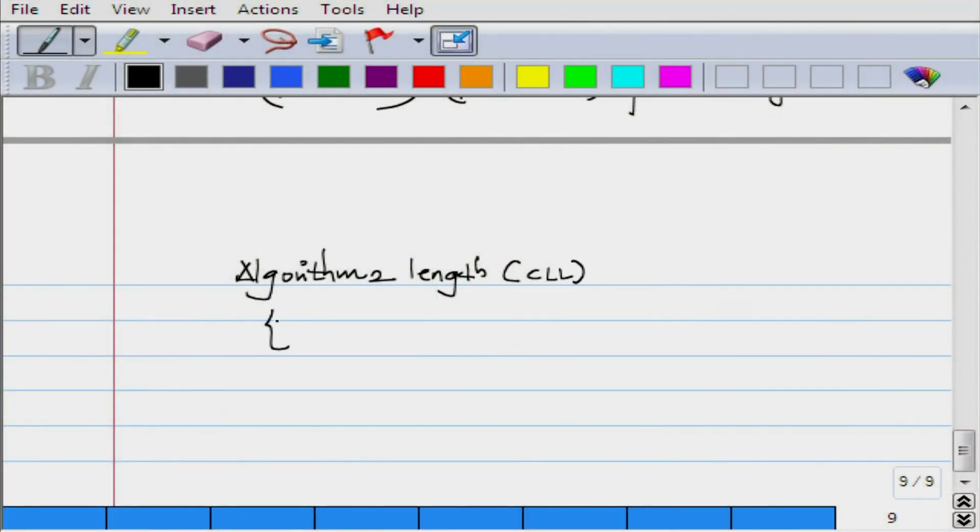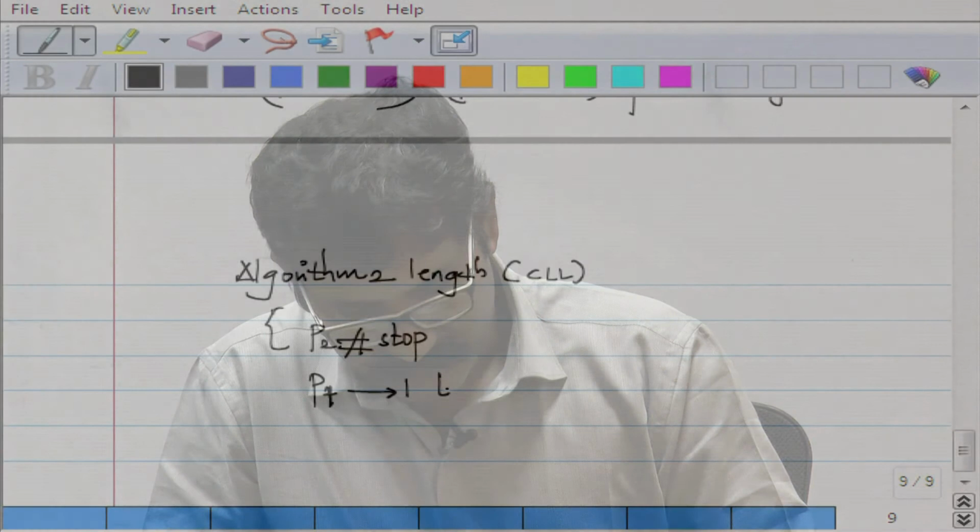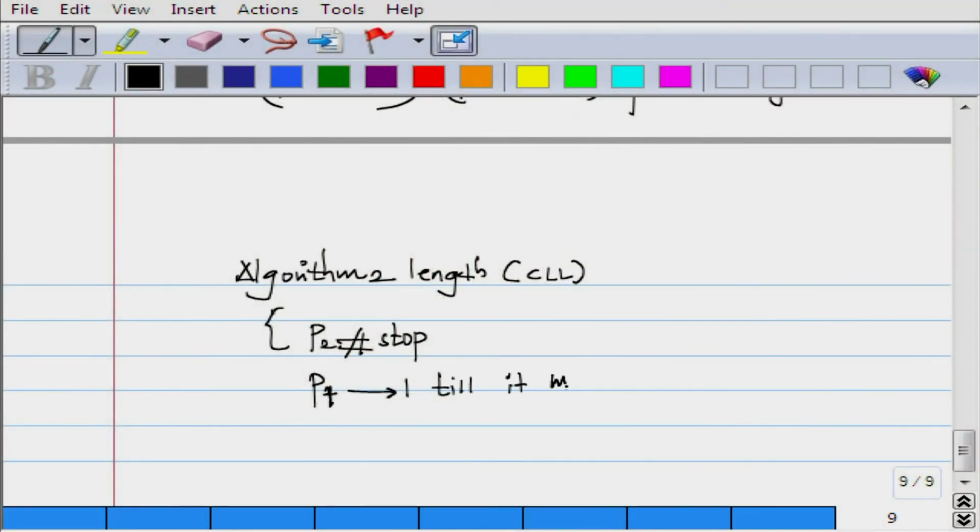To find out this length of the cycle, what I am going to do is stop the P2 pointer, and continue enhancing the pointer P1 till it meets P2 once again, and at the same time we will do the increments in C, and finally we will display what C is.